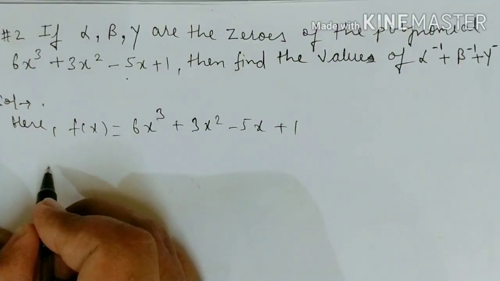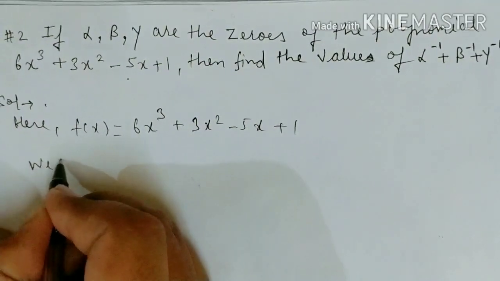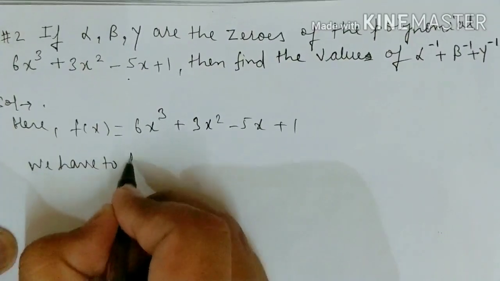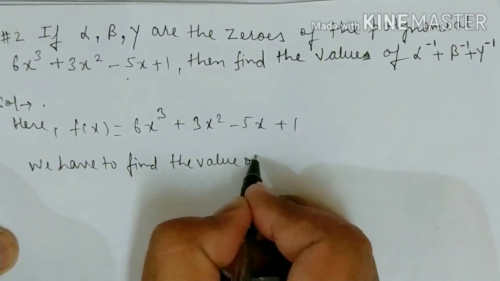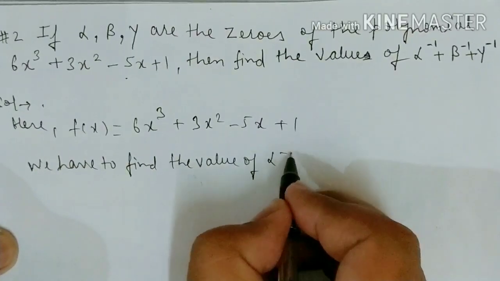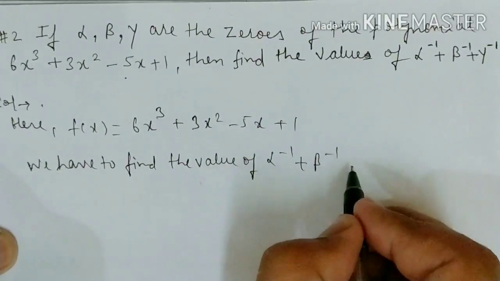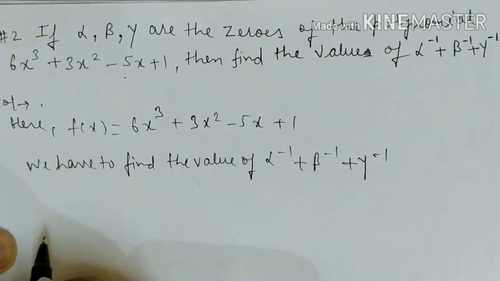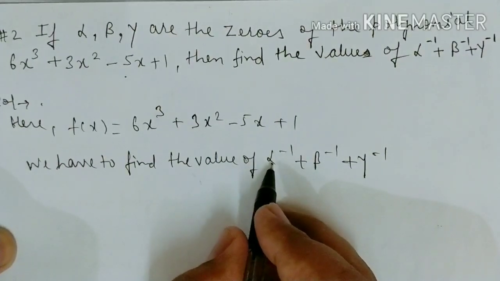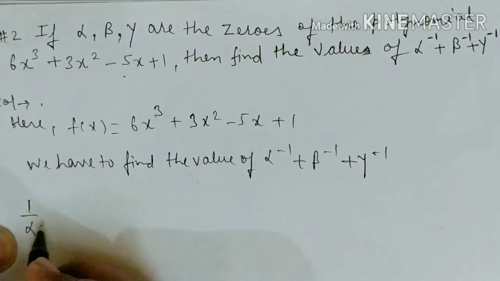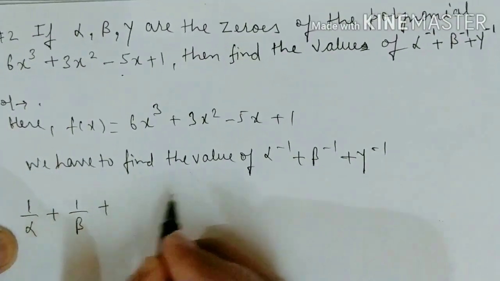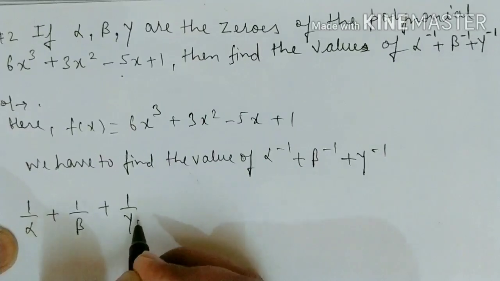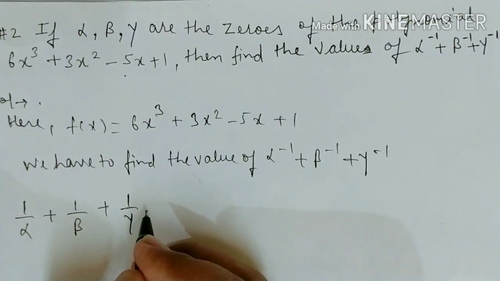We have to find the value of alpha inverse plus beta inverse plus gamma inverse. So alpha inverse can be written like this, 1 upon alpha, plus beta inverse can be written like 1 upon beta, gamma inverse can be written like 1 upon gamma. Is this clear?